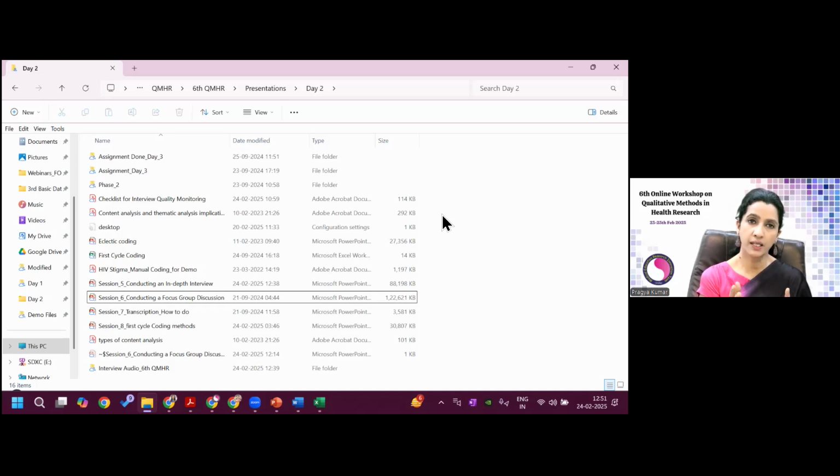And once you have collected the data and done the transcription and translation, because generally we take the interview in the local language and then translate it into English, once you have the transcribed and translated files, you start the process of data analysis. Before we go to data analysis, we need to understand what coding is, what the different types of coding methods are, and how to do it in QDA Miner.